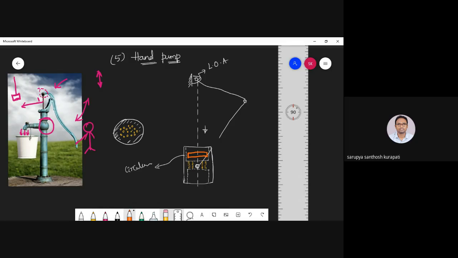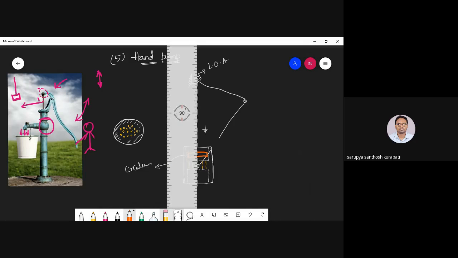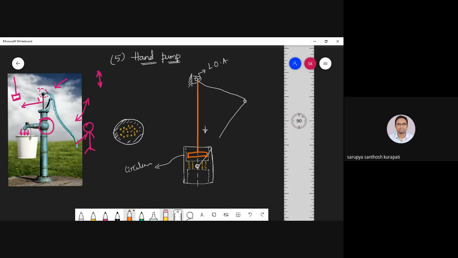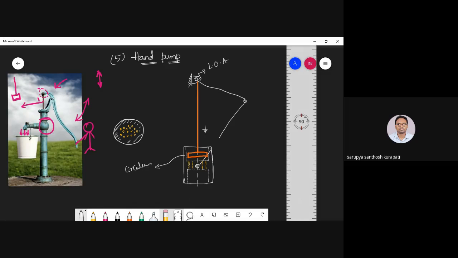And to this particular link, this is one link, there is no relative motion between these two. Now this link I have placed, and this link, say this is 1, 2, oh sorry, it's not fixed, it is a turning pair.